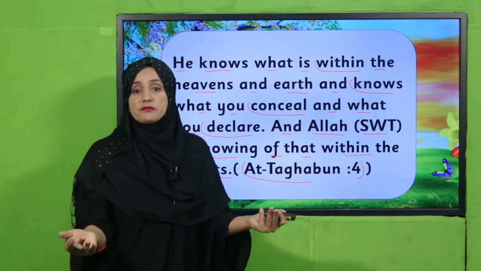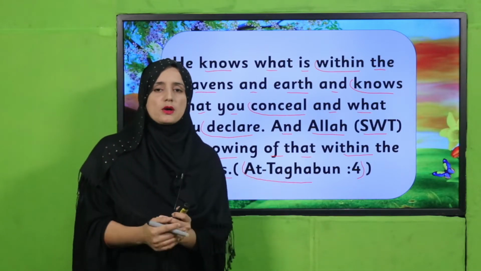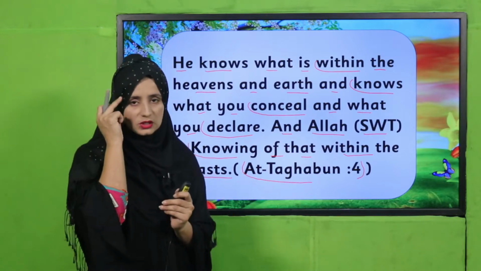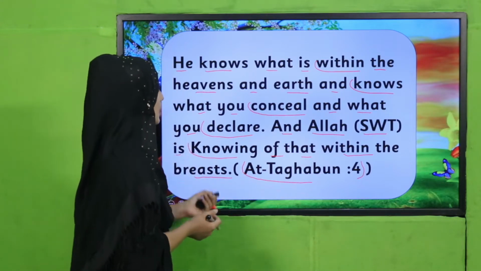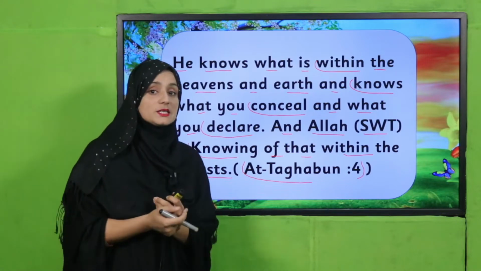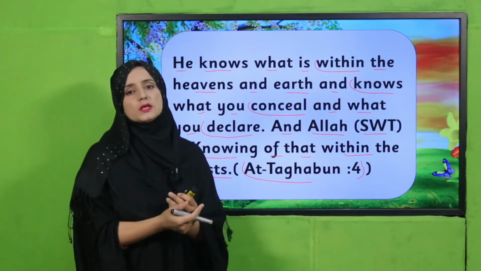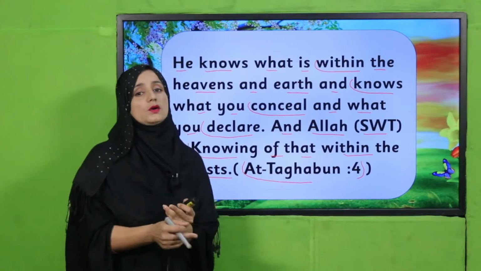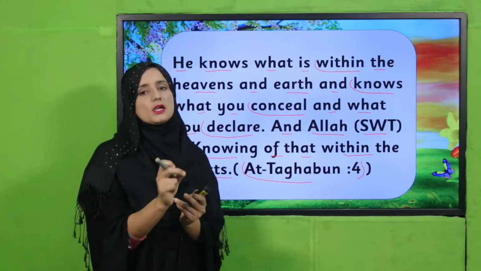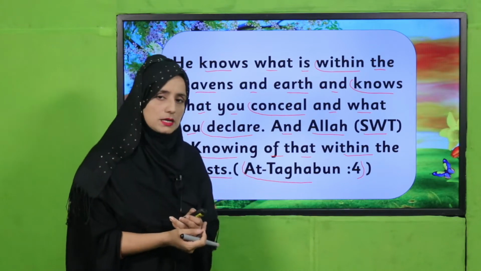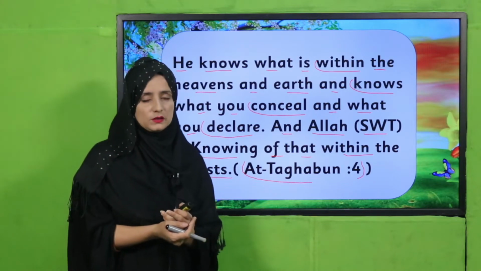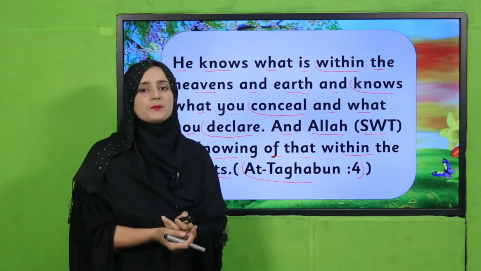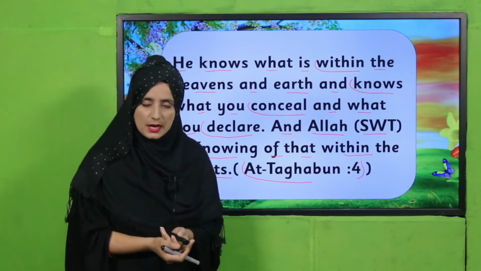So Allah subhanahu wa ta'ala knows everything, even what we think in our mind, and also He knows what is being done in the whole universe, in the heavens, and on the earth, everywhere, in each and every corner of the world. So let's pray to Allah Almighty that He guide us to the right path.